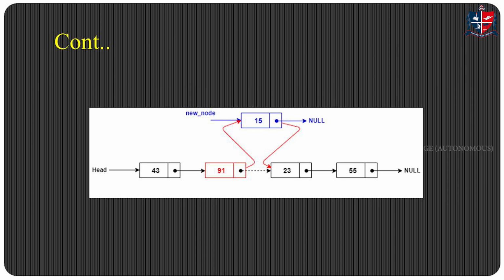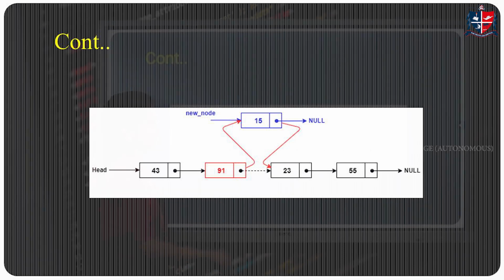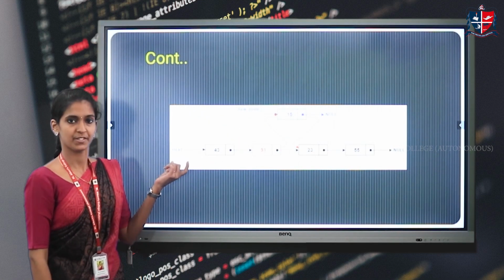Then keep on moving temp until the node after which we want to insert. Here I want to insert after 91, so move up to 91. The temp is now at 91, and this is our new node. Now give the links. New node's next is equal to temp's next, so just give that link, and also temp's next is equal to new node. These are the two operations which we want to perform.